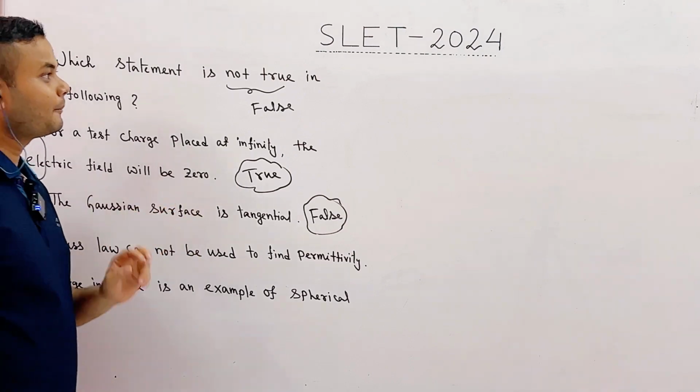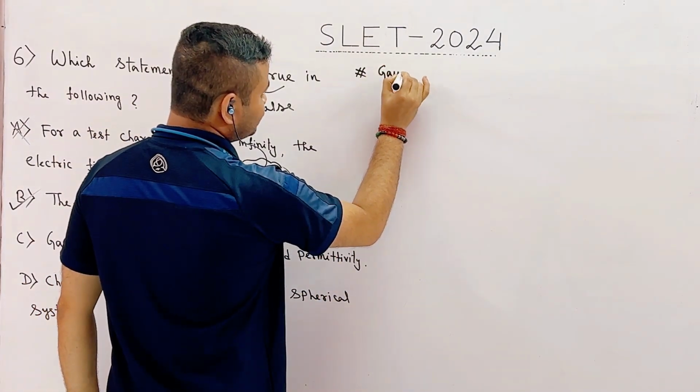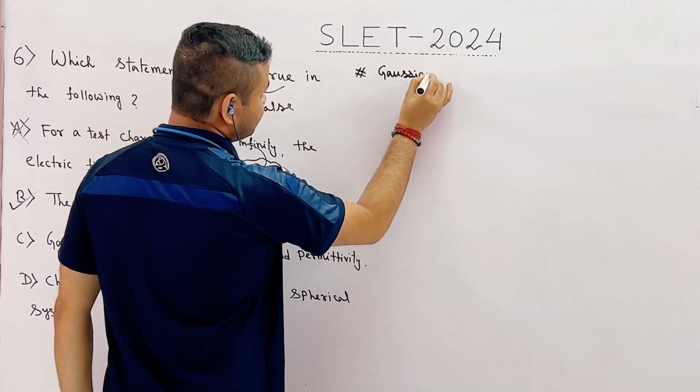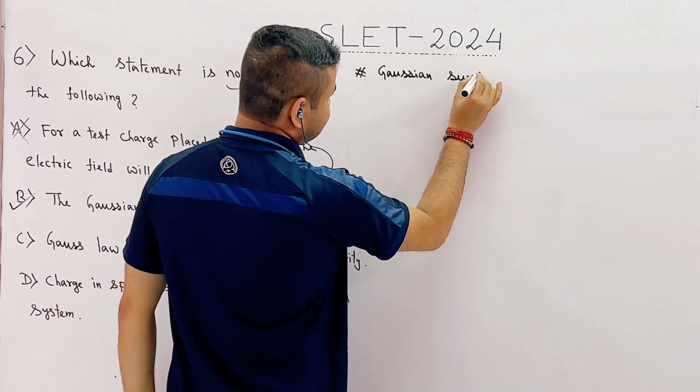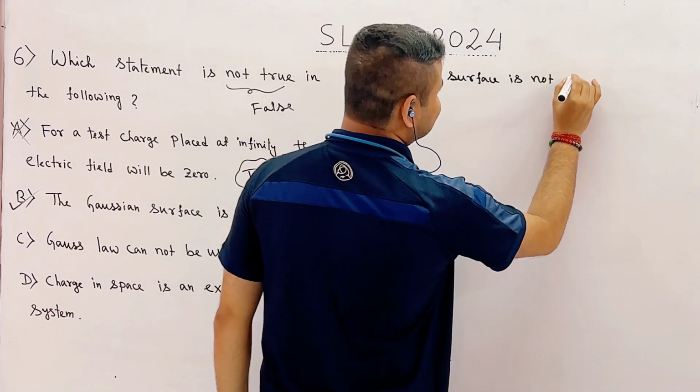Now let me write this point. Gaussian surface is not tangential.